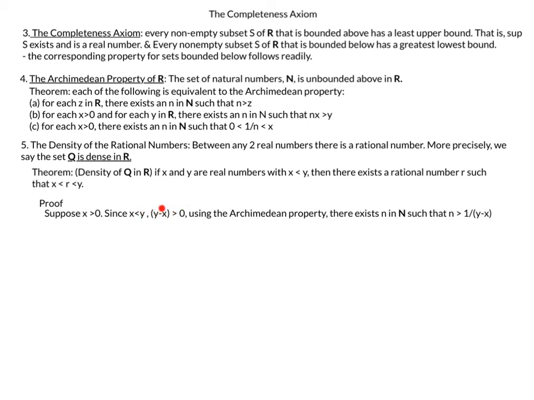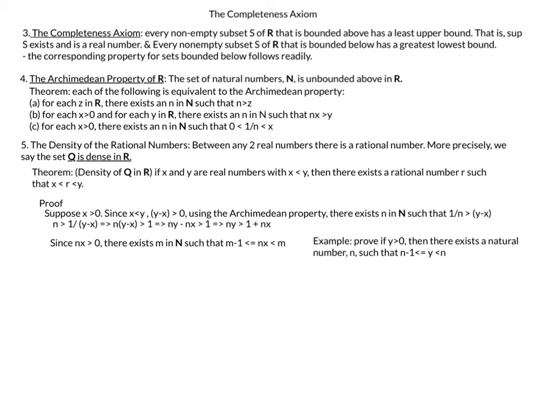So now we have a real number greater than 0, and using this Archimedean principle, we're going to be able to find a natural number n such that 1 over n is less than y minus x. Now we can use algebra to change this to n is greater than 1 over y minus x, and the rest over here is just algebra, so we eventually get ny is greater than 1 plus nx.